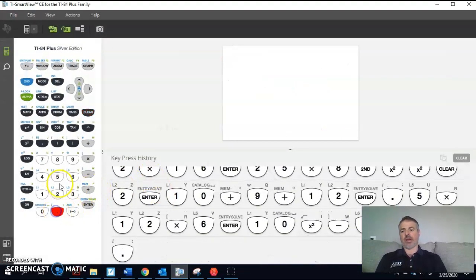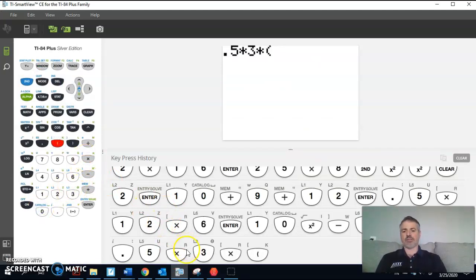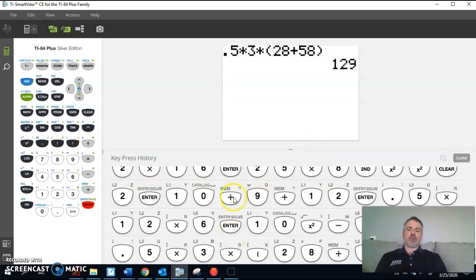They'll do 0.5 times, what was the height again? 30 times, and then put a set of parentheses in, 28, 58. So that would be the area of that trapezoid, 129.